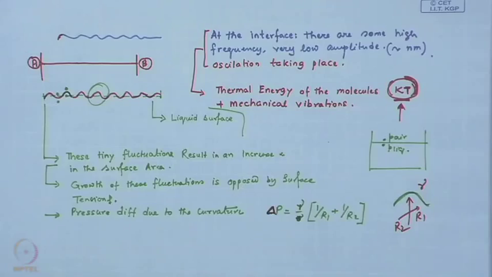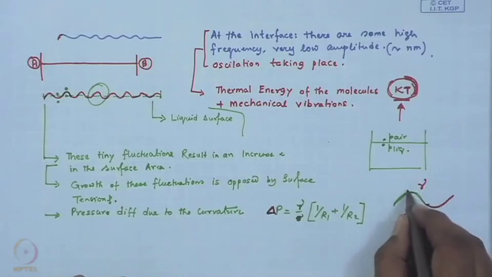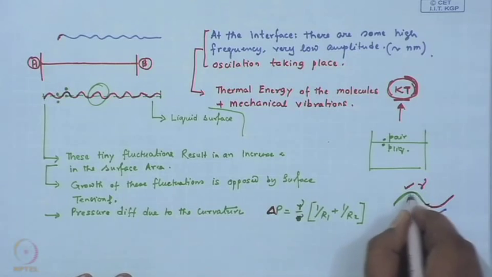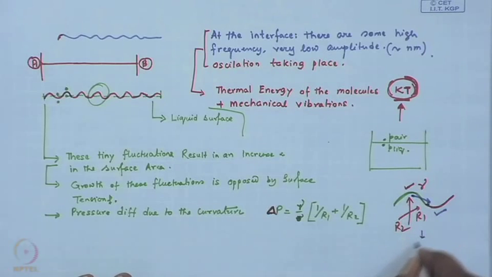So, at every location the Laplace pressure is different depending on the curvature, whether it is concave or convex. If we just look at one set of oscillations carefully, the Laplace pressure over here is going to be higher than the Laplace pressure over here, and this will result in a flow of liquid from this zone to this zone, trying to eventually flatten the film surface.